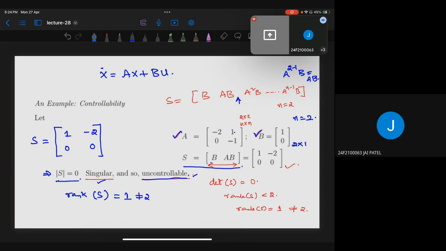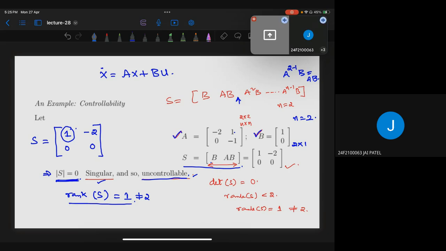Here the determinant is equal to 0. Agree? When the determinant is equal to 0, the rank will not be equal to 2. It's not full rank. So how do you find the rank? Take the next level matrix, which is 1 by 1, which is not equal to 0. Hence the rank is 1.